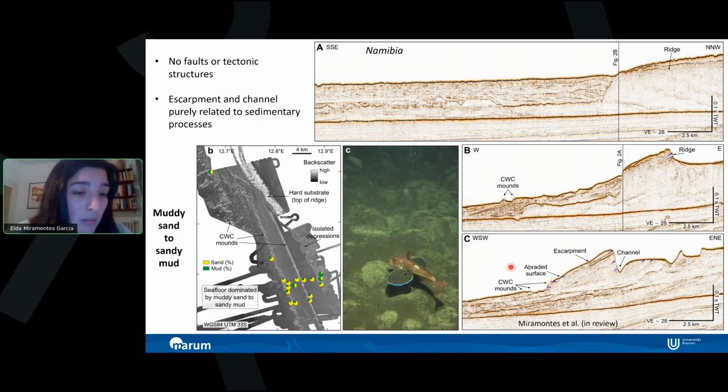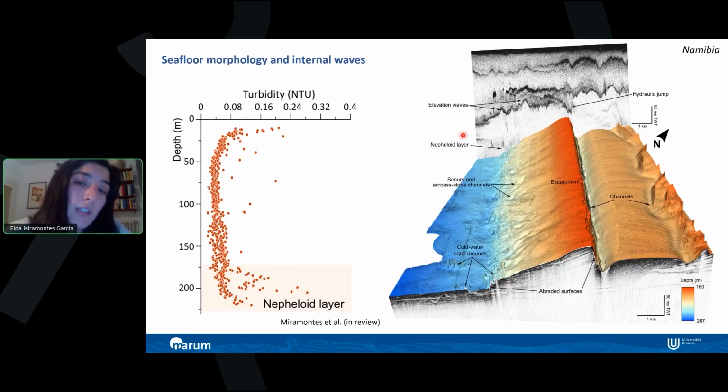We also have some analysis of surface sediments in the whole area. It is mainly muddy sand to sandy mud, and it looks a little bit like that, with still quite a lot of fine-grained material in there because it's a zone with very high productivity at the surface. So we still have some accumulation, but this is what at the end gets resuspended by the interaction with internal waves and will generate the nepheloid layers.